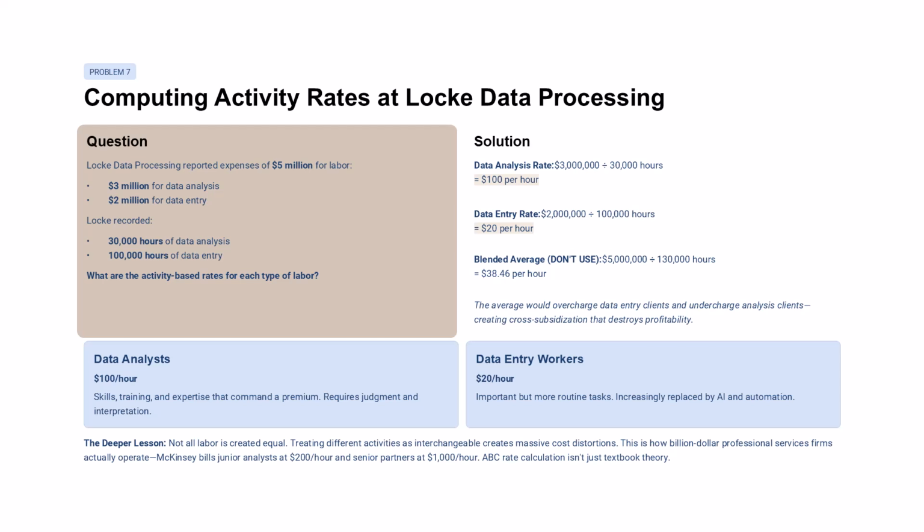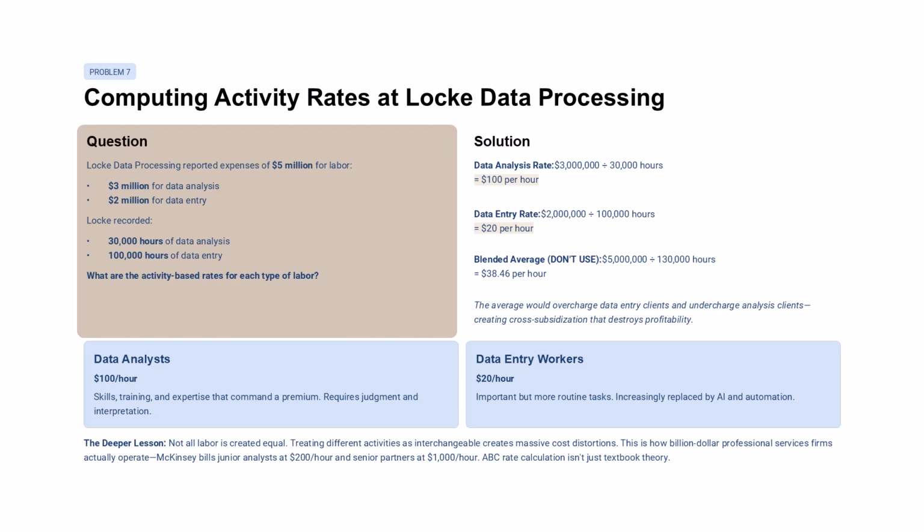Consulting firms like McKinsey and Accenture maintain complex rate cards, where a junior analyst bills at $200 per hour and a senior partner at $1,000 per hour. If they averaged everyone at $500 per hour, junior-heavy projects would be overpriced, and partner-heavy, strategic work would be underpriced.